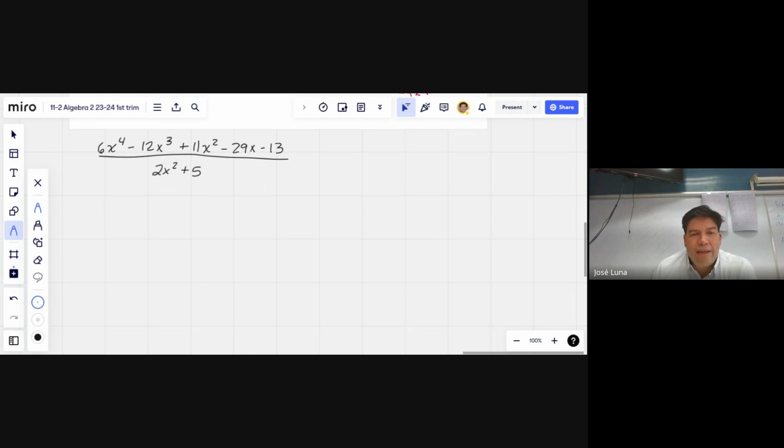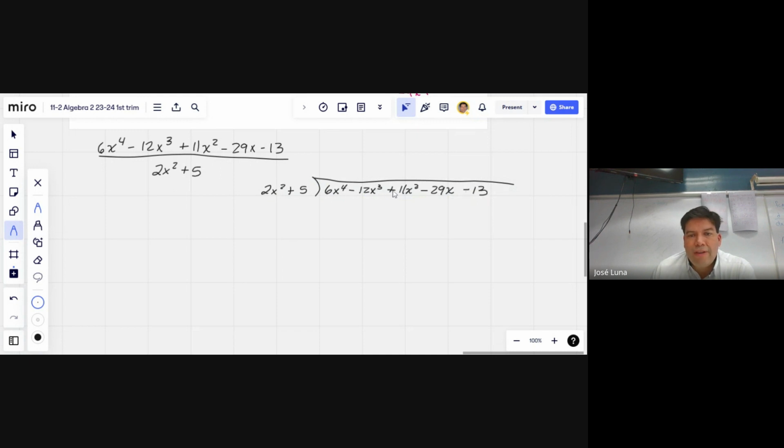So we're going to set it up. We're going to put the divisor, 2x squared plus 5, and then the dividend, 6x to the fourth power minus 12x cubed plus 11x squared minus 29x minus 13.